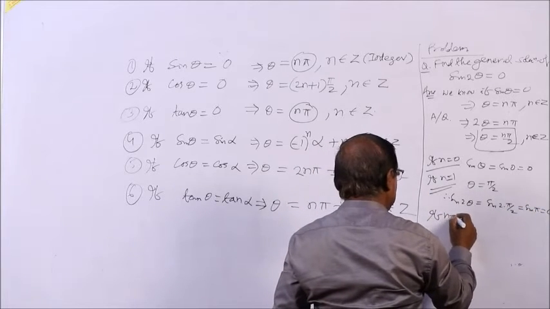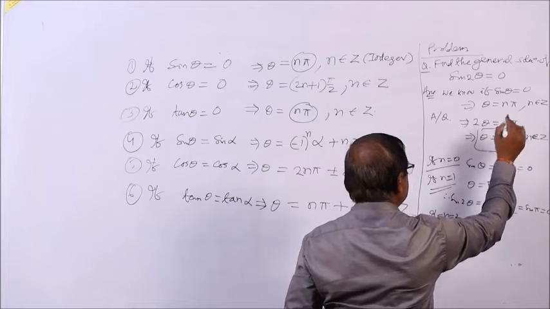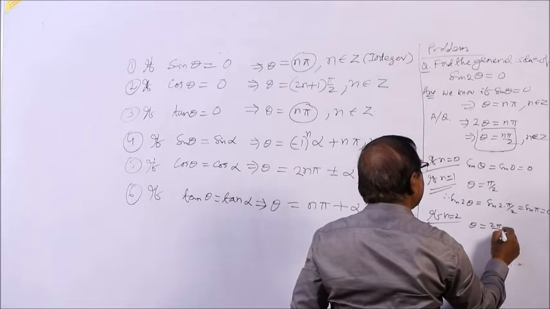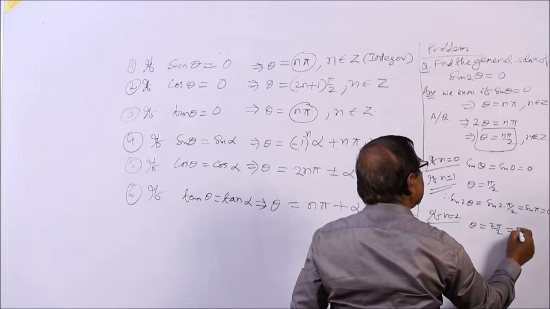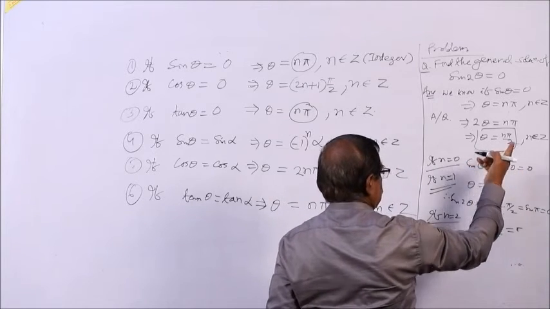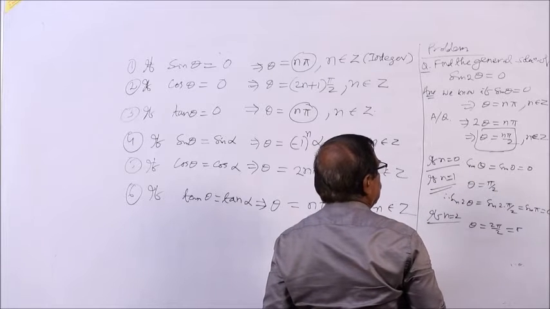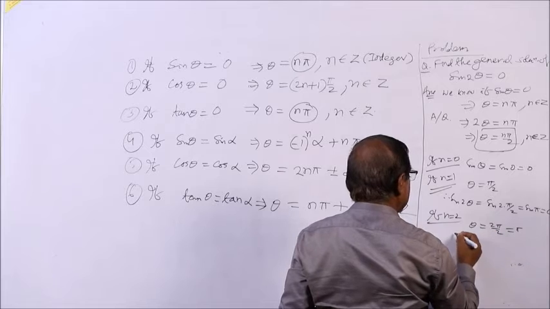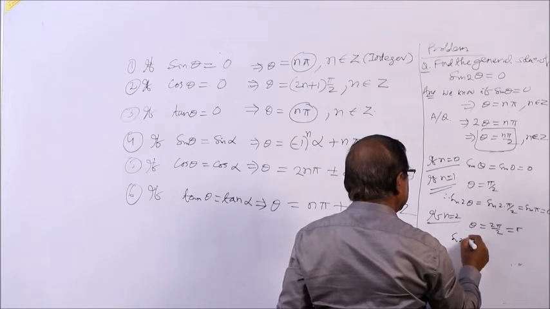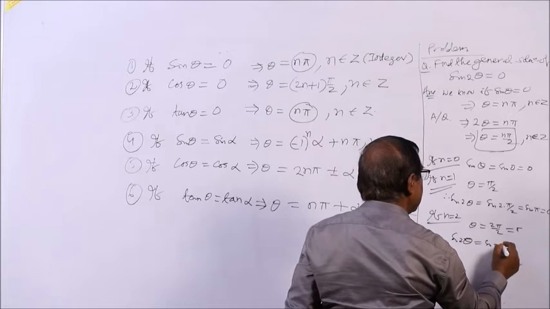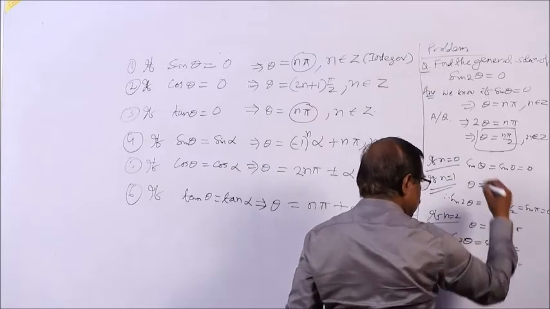If n is equal to 2, because we are talking of general solution, theta will be 2 pi by 2, that is pi. Sin 2 theta is sin 2 pi, 360 degrees, which is 0.